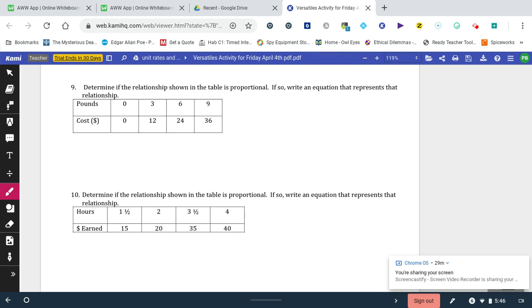All right, so here I have cost and pounds. You got to look at your units, guys. So which one of these units is y? Which one represents x? Well, we have learned that the cost of something, whether it's fruit or vegetables or what have you, depends on the number of pounds.